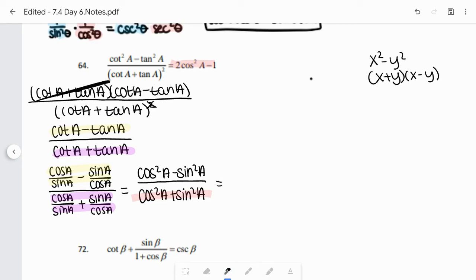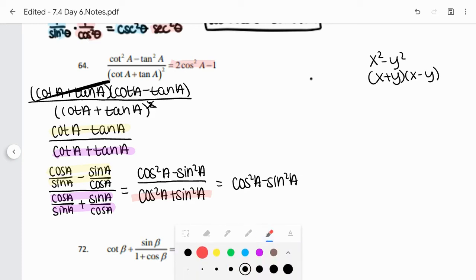So I am left with cosine squared A minus sine squared A. Okay, now if we remember, I am trying to get 2 cosine squared of A minus 1. So I want to eliminate my sine squared somehow.